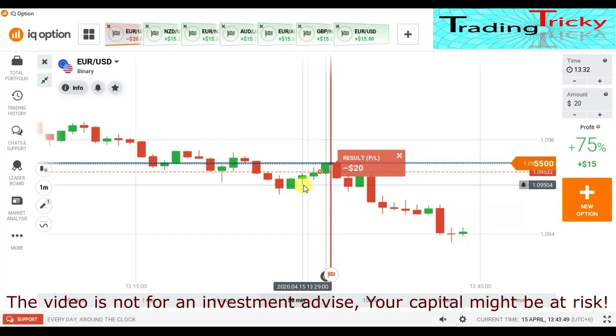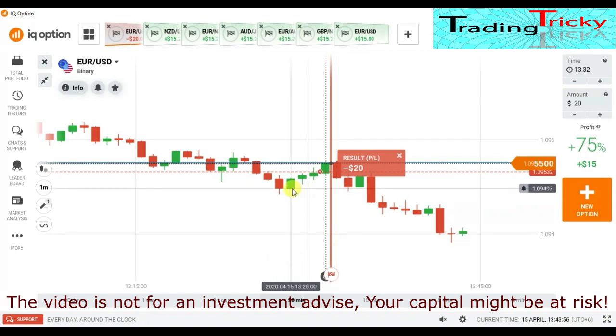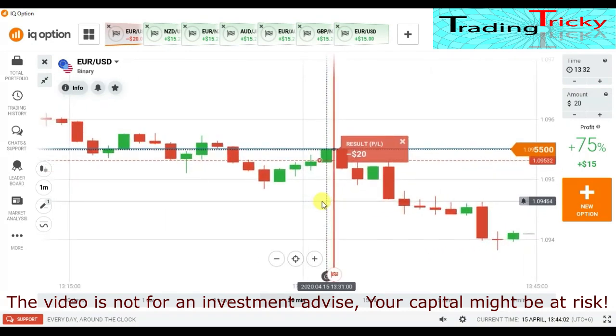And about losses, you don't need to worry, because loss is common in binary trading. Nobody can trade 100%. Maybe you can win 70 to 90% of trades, but beyond 90% nobody can trade, and it will take a lot of time.